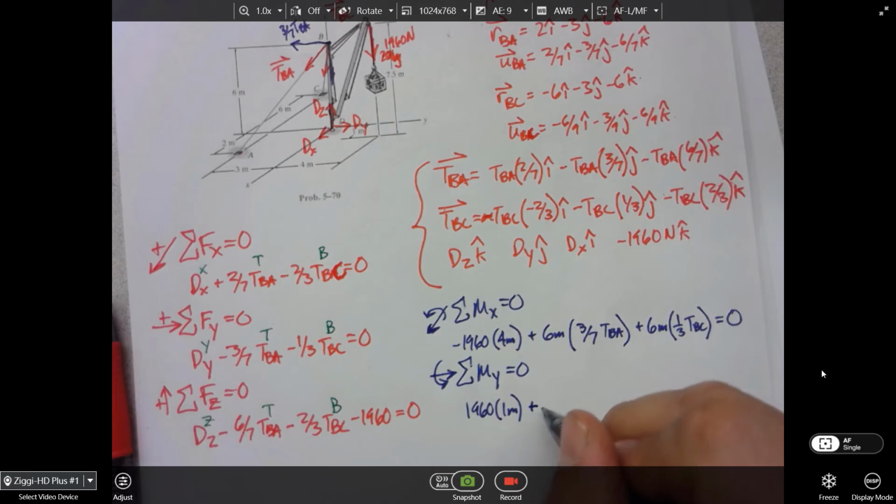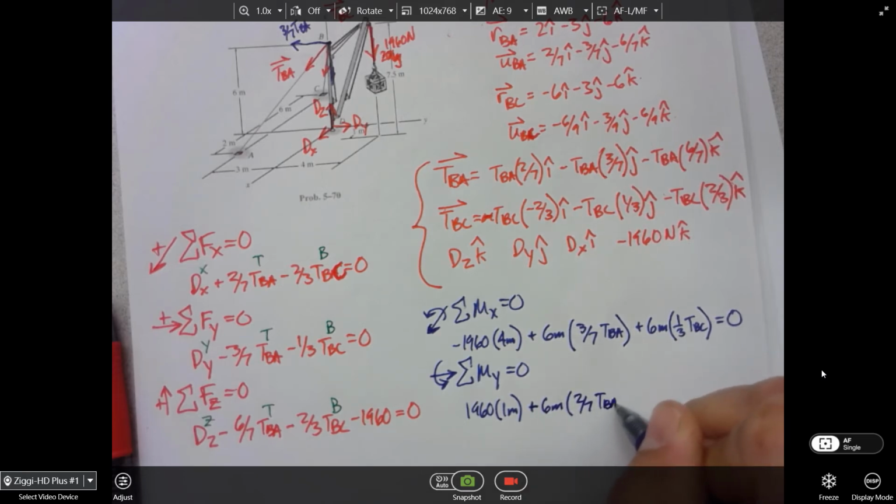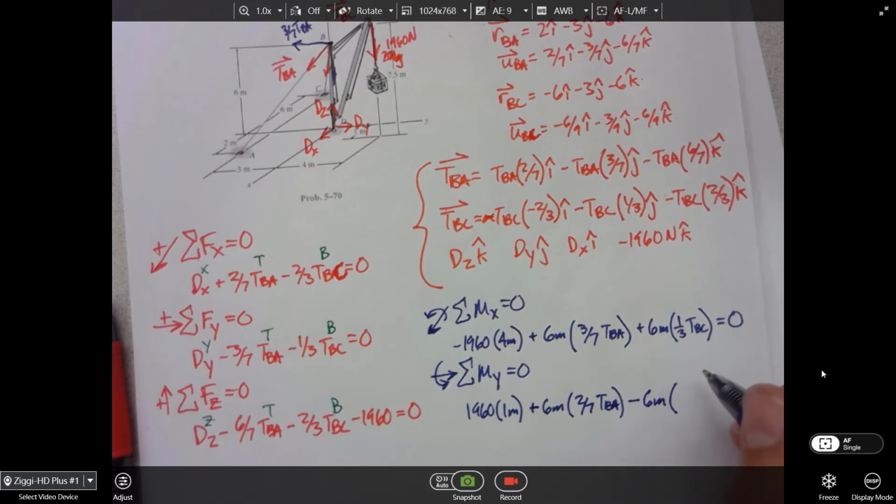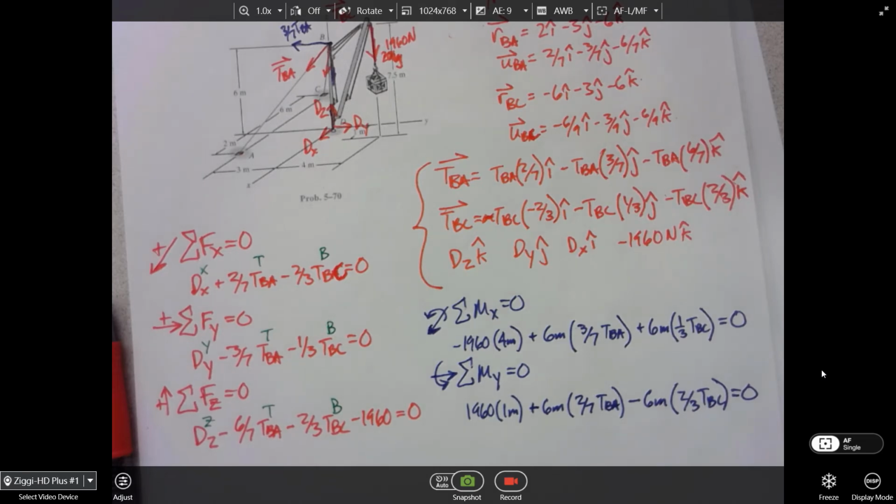So plus 6 meters times 2/7 TBA, and then minus 6 meters times 2/3 TBC equals 0. Right? And that's all we need. That's 5 equations, and that should be all we need to solve now. We could write a last one, but it's redundant.